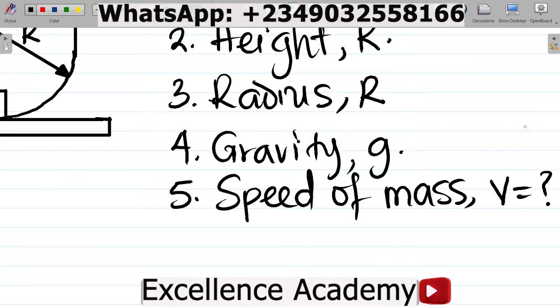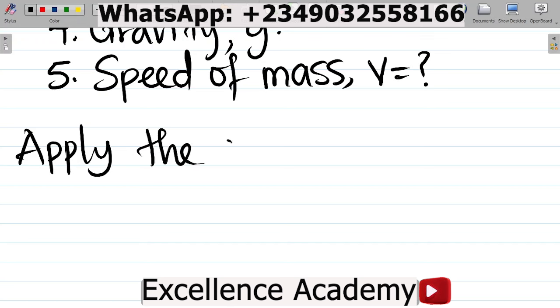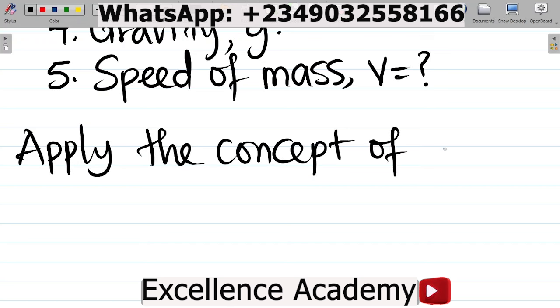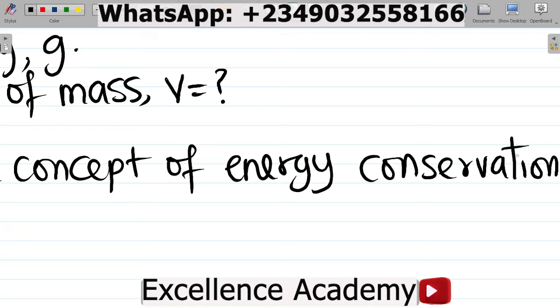That's what is required. Now, how do we solve this question here? To solve this question, we need to apply the concept of energy conservation. And how do we do that?